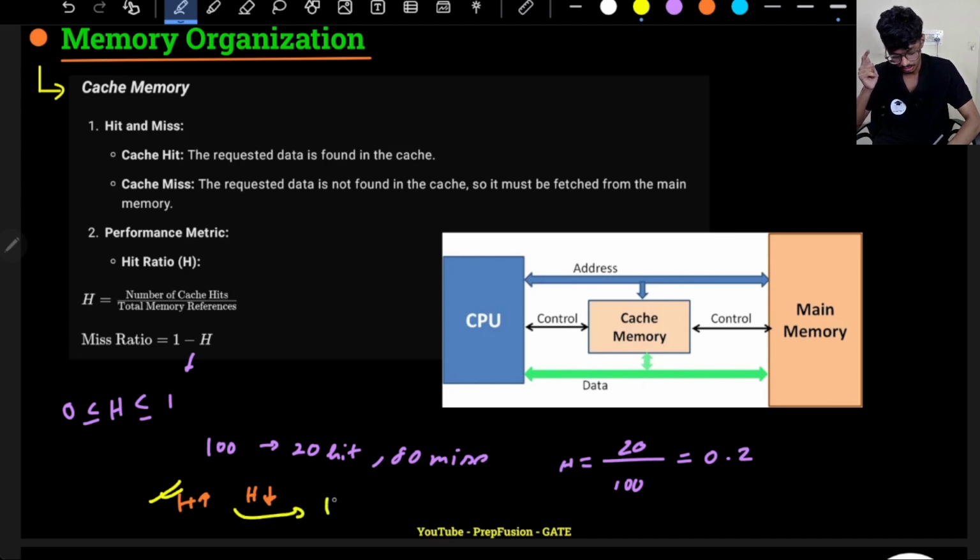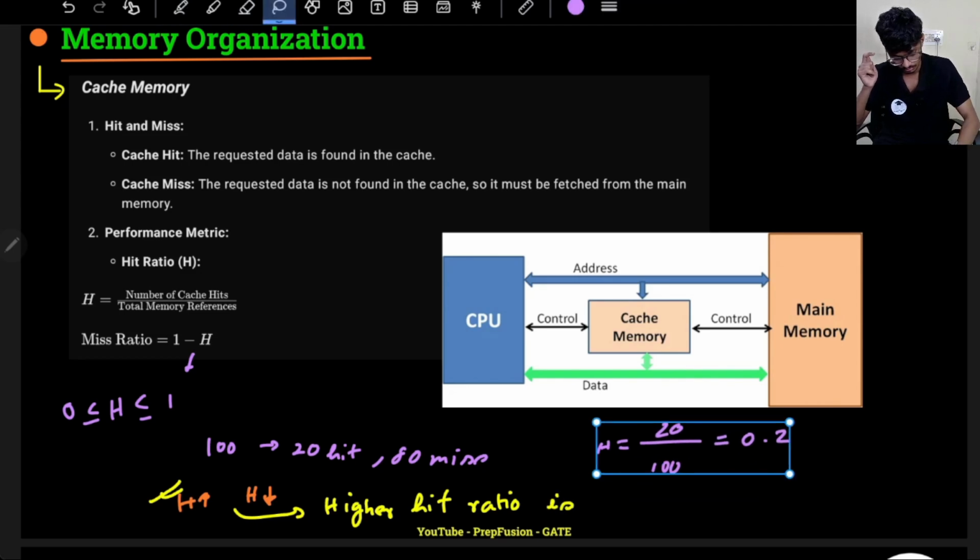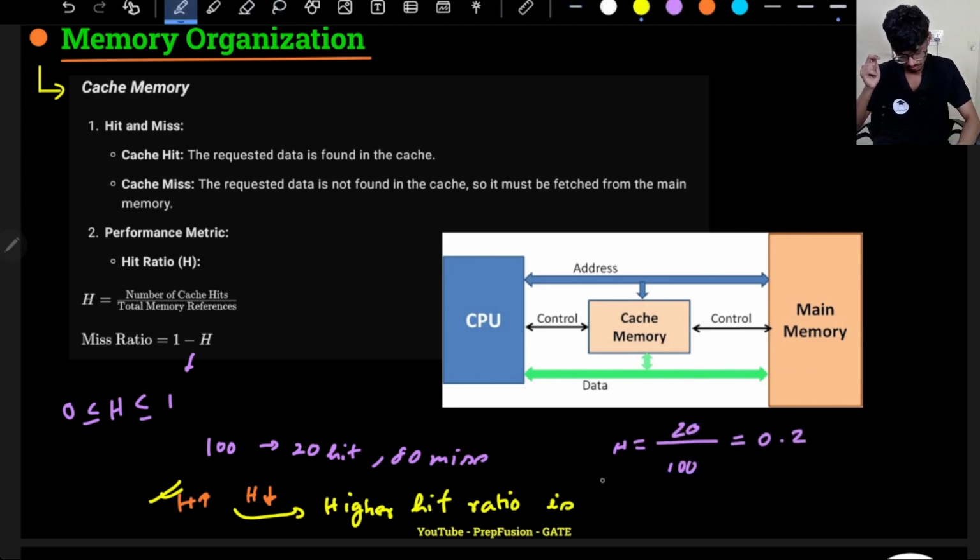So higher hit ratio is better. Okay, having a higher hit ratio is better.